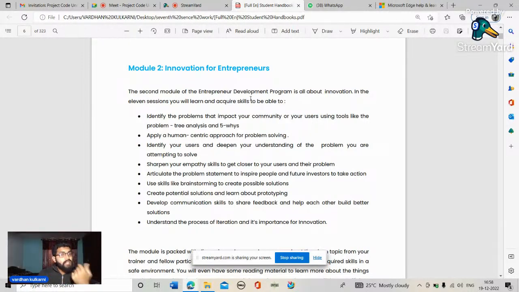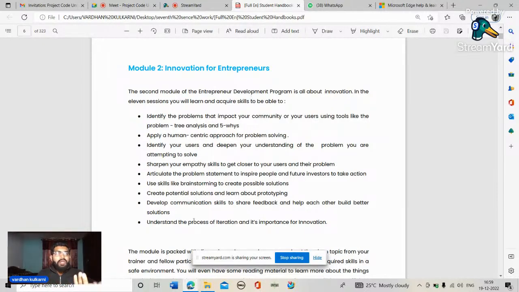Then again, use skills like brainstorming to create problem solutions. So when social problems arise, you just brainstorm, then you try to solve the problems as well. Example, if I say there's a quarrel between your neighbors, then you approach them, and you ask them what was the reason, why did it happen, and from when it is going on exactly.